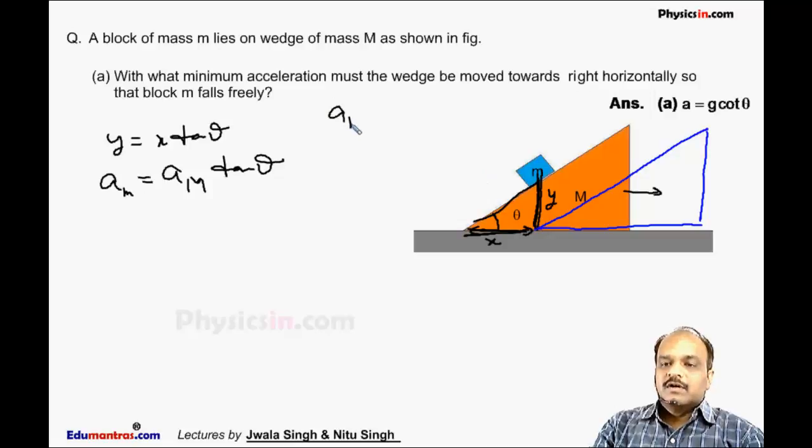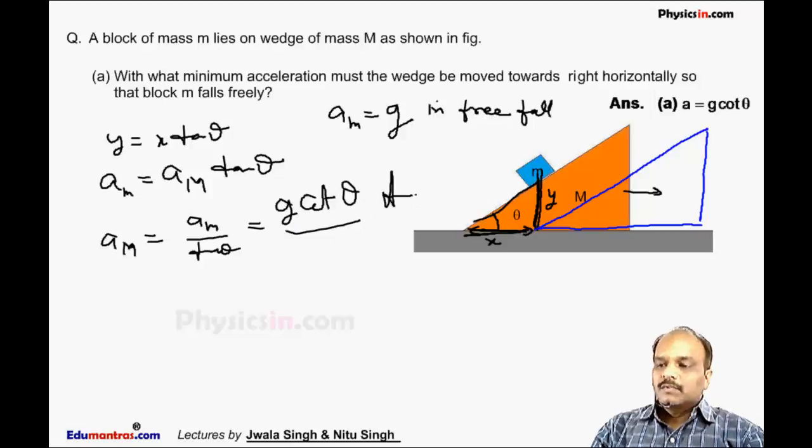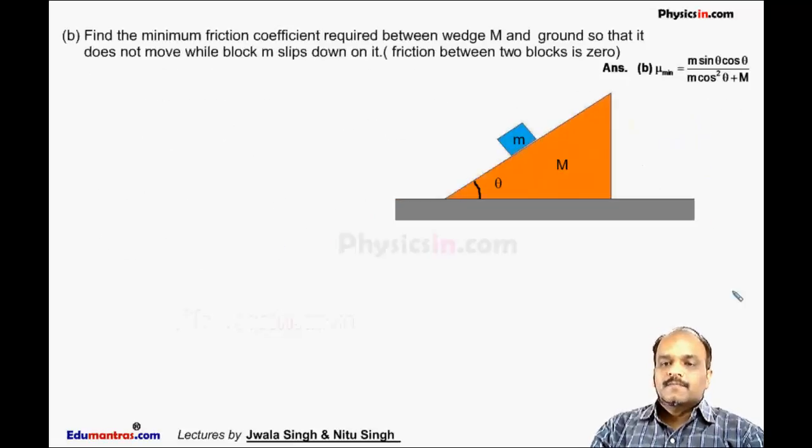So the acceleration of small m is equal to g in free fall. So we can say the acceleration of capital M is a_m by tan theta, that is equal to g by tan theta or g cot theta. This is the answer.